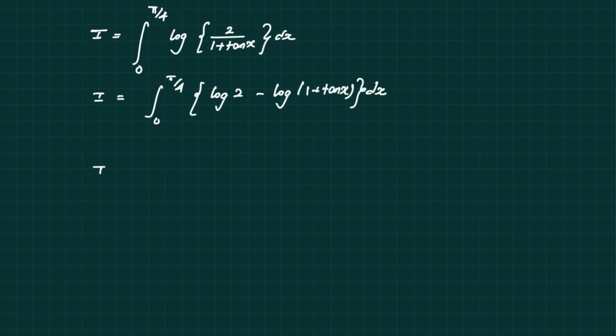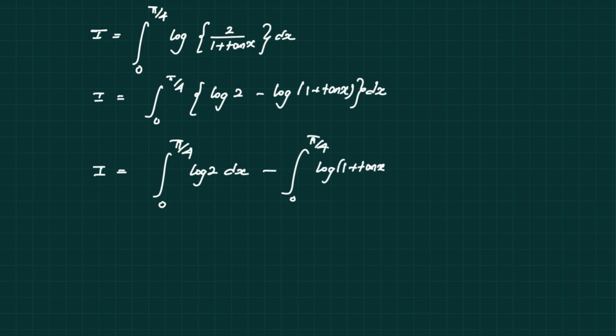So separating the integral, we will have I equals integration from 0 to pi over 4 of log of 2 dx minus integration from 0 to pi over 4 of log of 1 plus tan x dx.